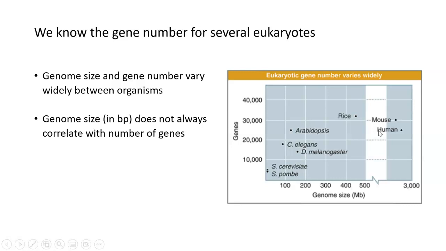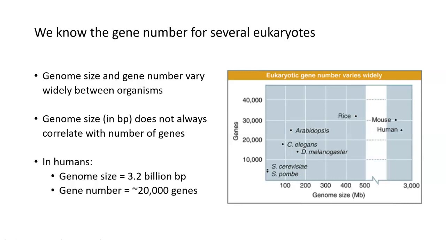So that relationship is not always going to be correlated. And in humans, we know that our genome size is about 3.2 billion bases, or 3.2 billion nucleotides, encompassing our full genome. And the current estimate is about 20,000 protein coding genes that will actually go from being DNA to functional proteins.